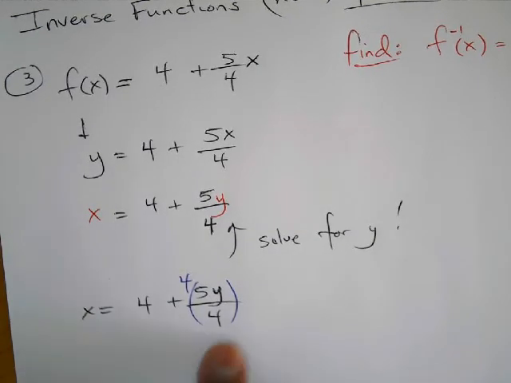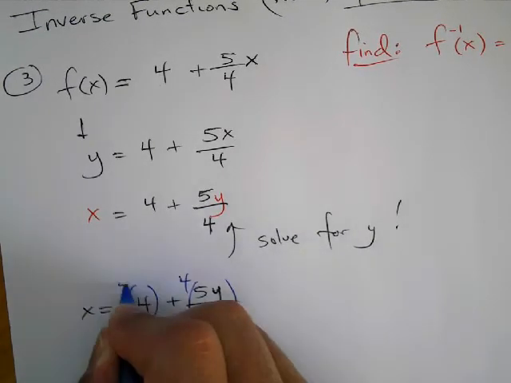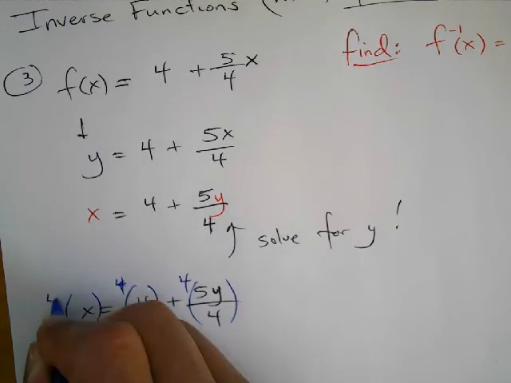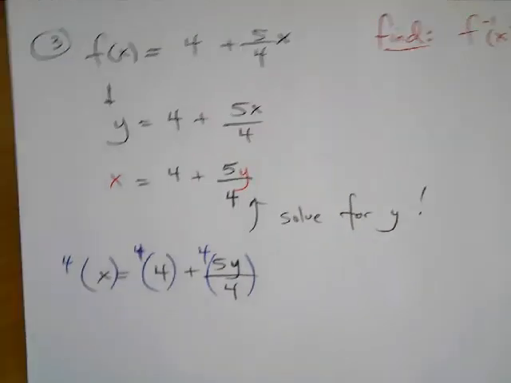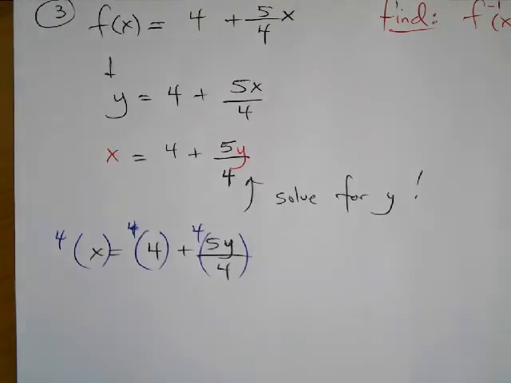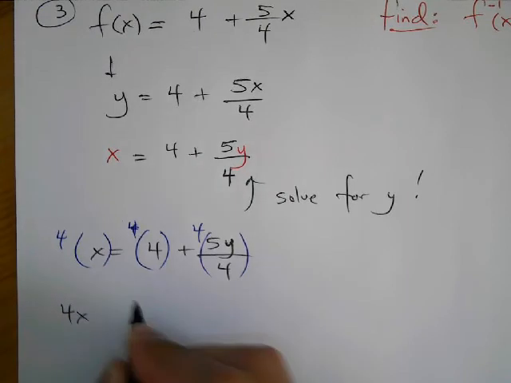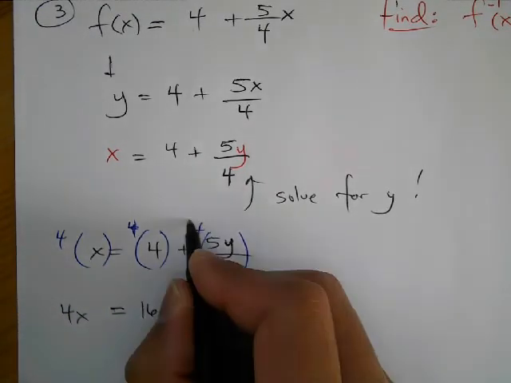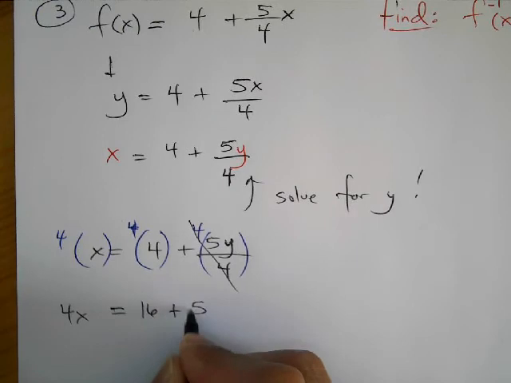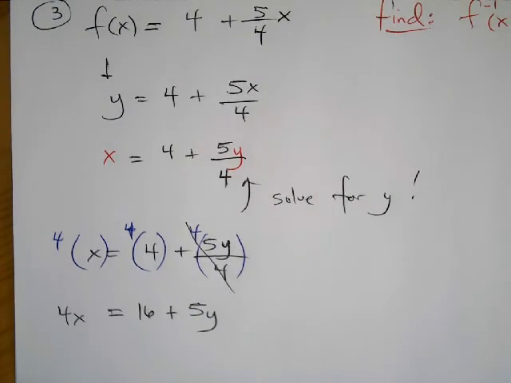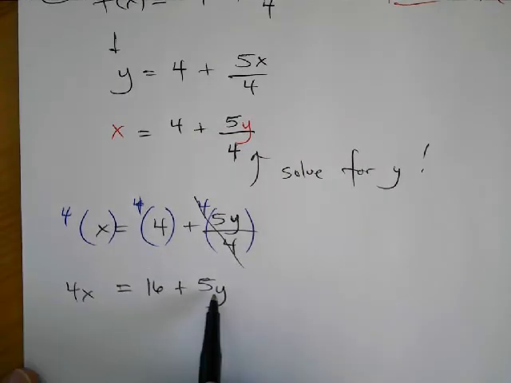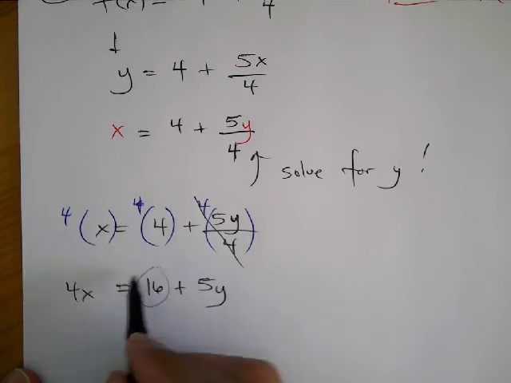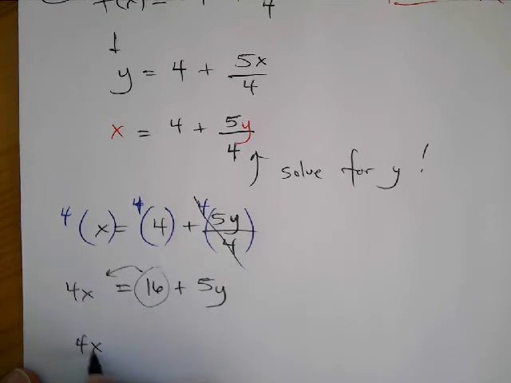And whatever you do to one term, you have to do to all of them. So now you're left with 4x is equal to 16 plus 5y, and the denominators cancel. Since we're trying to solve for y, let me move this positive 16 that way.